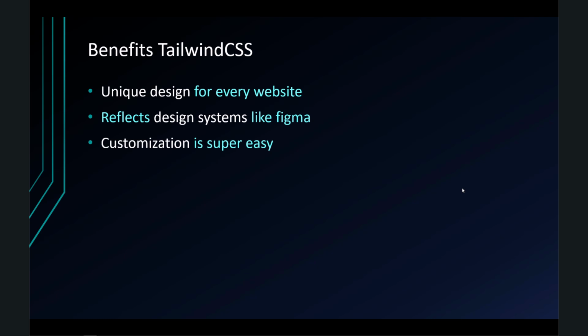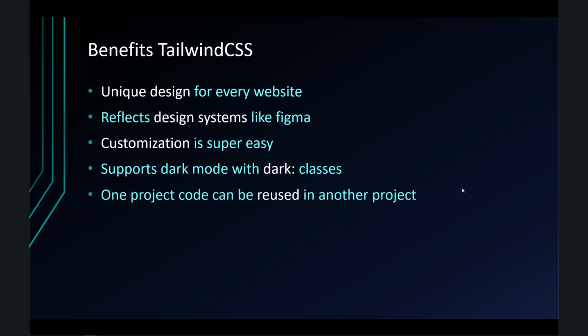It is super easy in Tailwind CSS. You also have dark classes to support dark mode in your websites. You can also use code from one project in another project, because you will just have to change the colors or the font sizes. So this will work in other projects if you have worked on a Tailwind CSS project once.